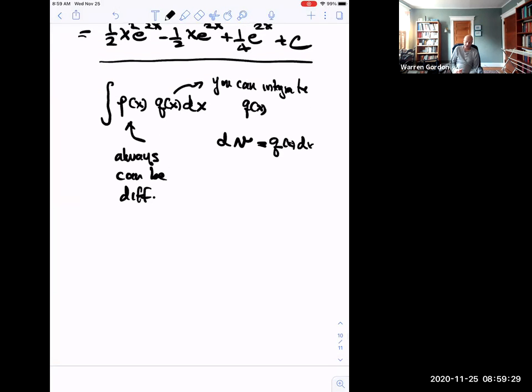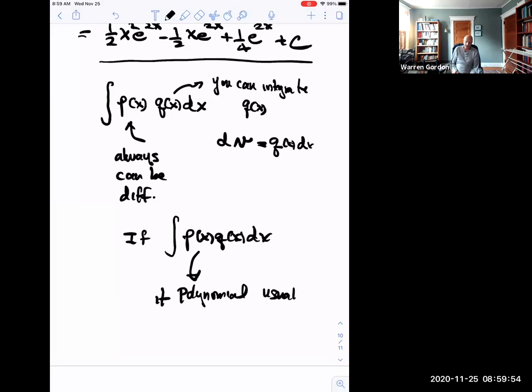Now, in general, if we have an integral like this, and they both can be integrated and they both can be differentiated, well, which one do you do? Usually, if this is a polynomial, usually, but not always, you let u equal p of x.